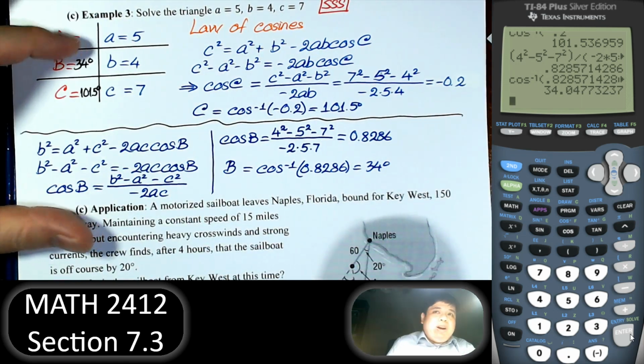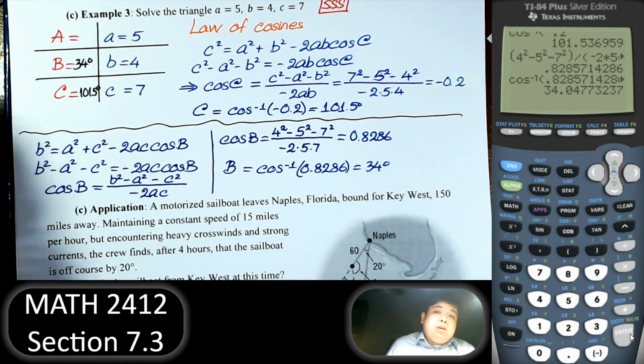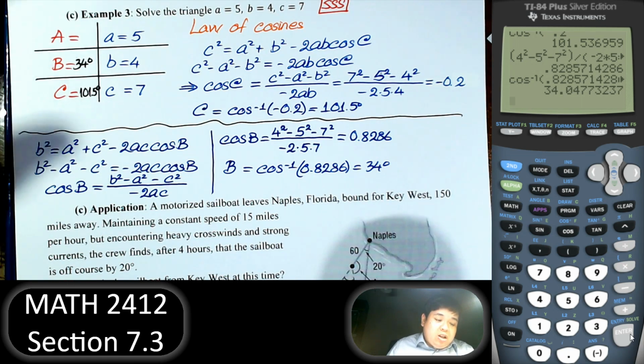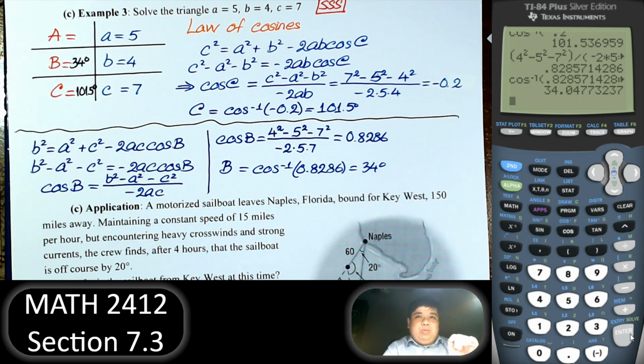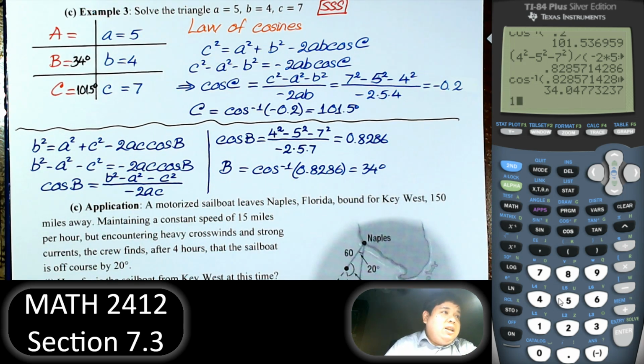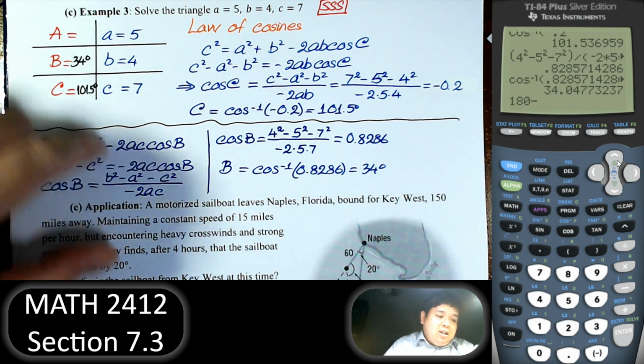Of course, we can subtract from 180 and that's it, right? But of course, we can also use the law of cosine, still doing that. Start with a squared equals b squared plus c squared minus 2bc cosine A, and then we solve for cosine A, and then the inverse of that gets us back to angle A. But here, we just take 180 and subtract the other two angles.